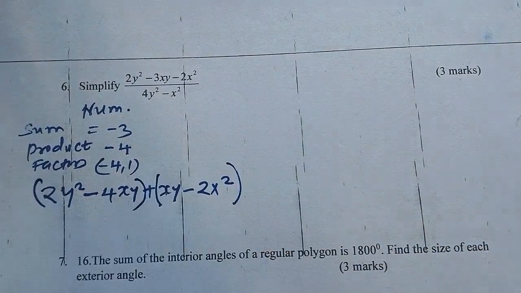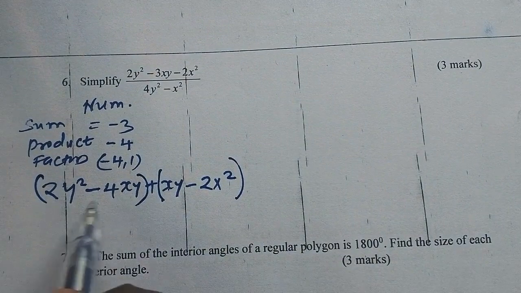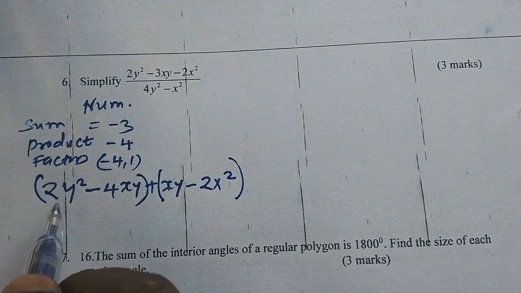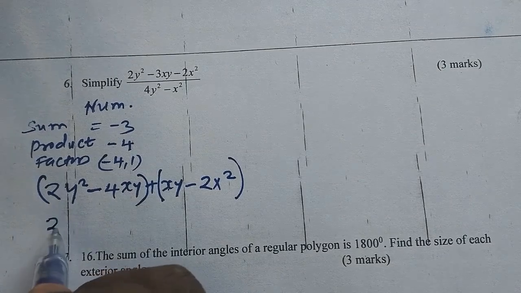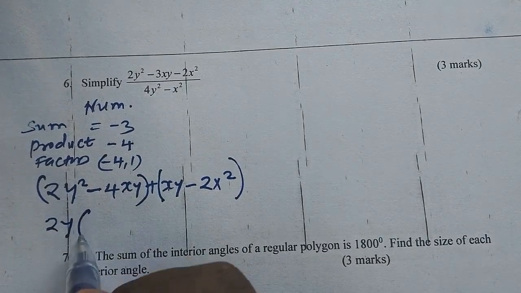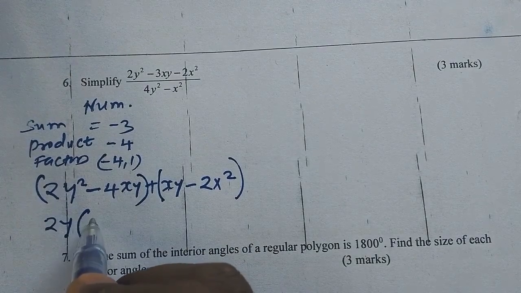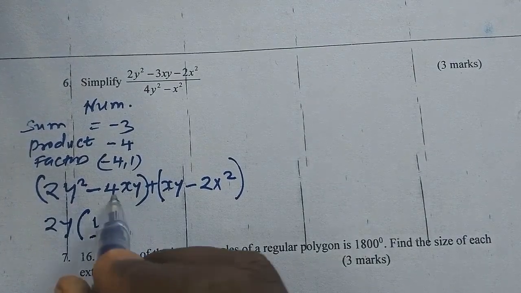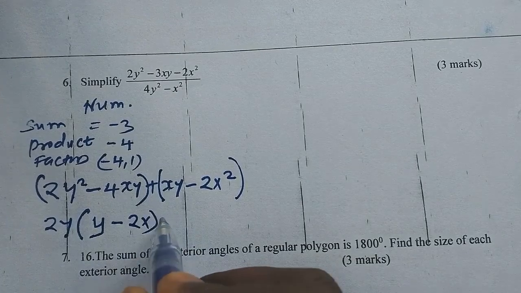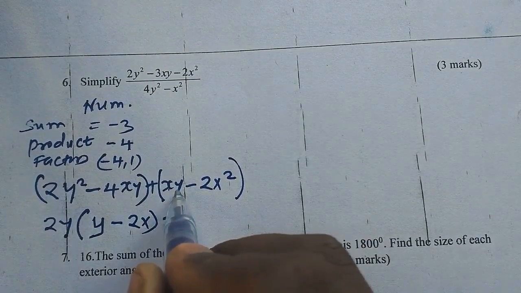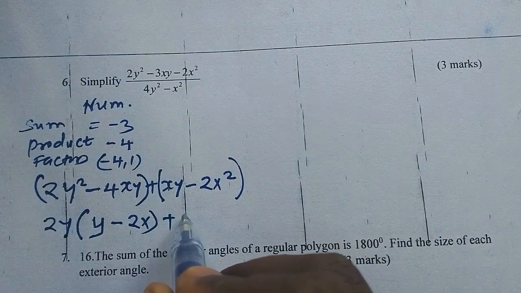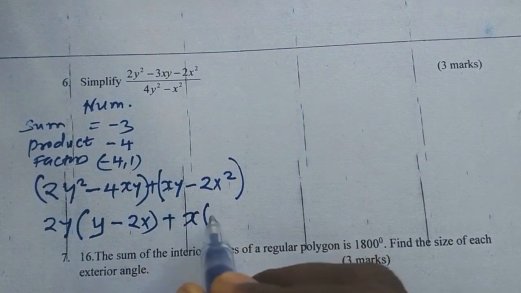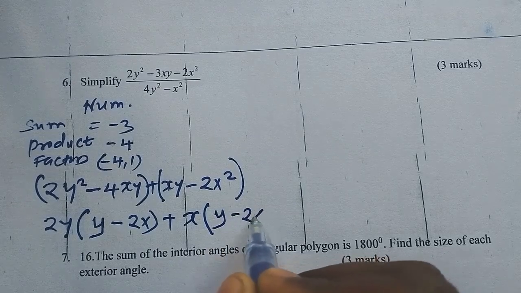Then look at the common factor. Here we have the common factor, which is 2y. So 2y into, how many times here? We will remain with y minus 2x, plus the common factor here is x. So that is going to be x into y minus 2x.